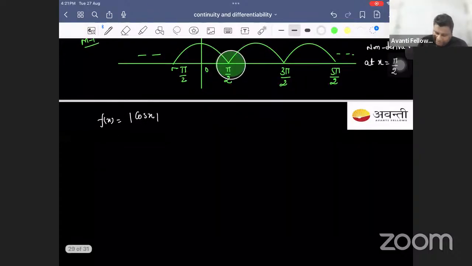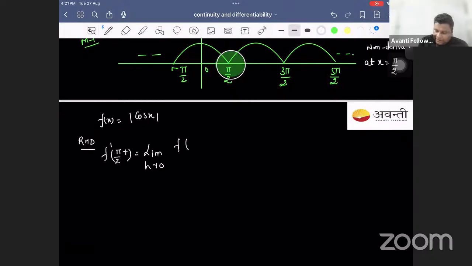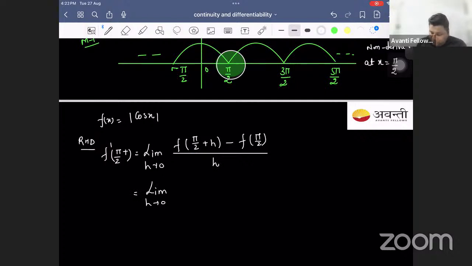Now, first of all, I will find right hand derivative. That is f dash pi by 2 plus. Limit h approaches to 0, f of pi by 2 plus h minus f of pi by 2 upon h. That is limit h approaches to 0, now f of pi by 2 plus h is mod of cos of pi by 2 plus h, f of pi by 2 is 0, upon h.